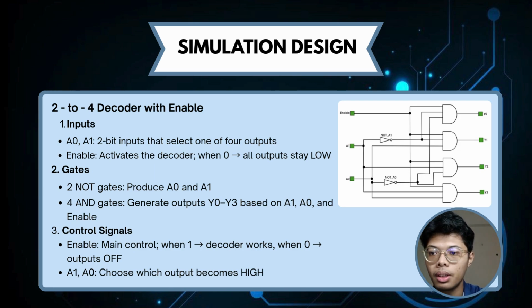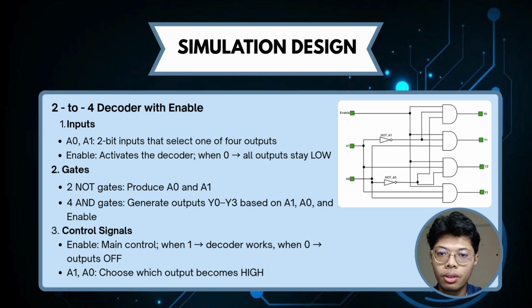And the 4 AND gates generate outputs Y0 to Y3 based on A1, A0 and enable, meaning each AND gate generates its output based on the specific combination of A1, A0 and the enable signal.